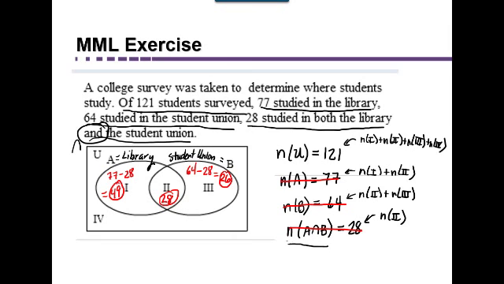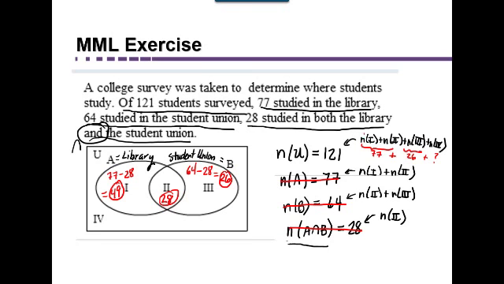And next we want to use the only remaining fact, which is that the total in the universal set is 121. Now the universal set includes 1 and 2 and 3 and 4. So it's going to be the 77 that we had from set A, which was regions 1 and 2, plus we have region 3 was 26, plus whatever's in region 4, which we don't know, right? But 77 plus 26 is going to be, what, 103?